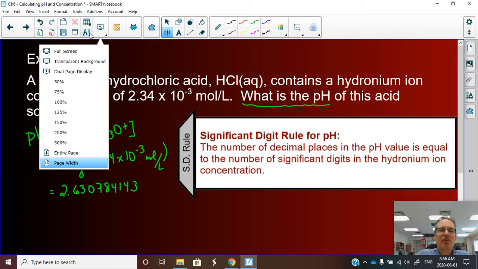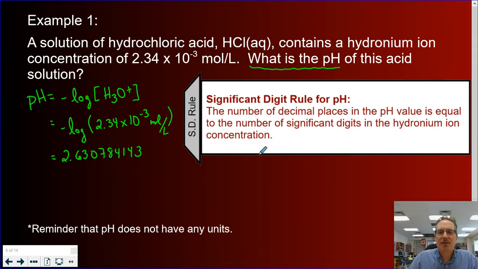So when we go to look at this, the number of decimal places in the pH value is going to be equal to the number of significant digits in the hydronium ion concentration.